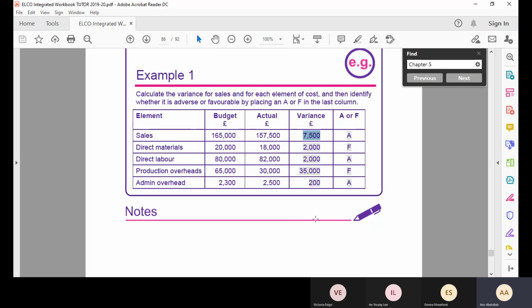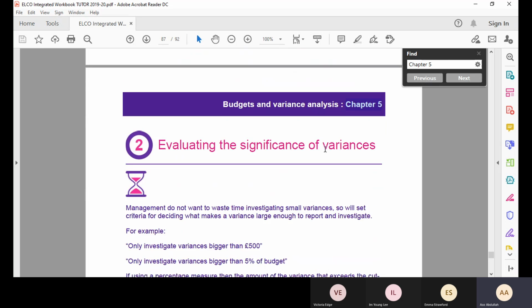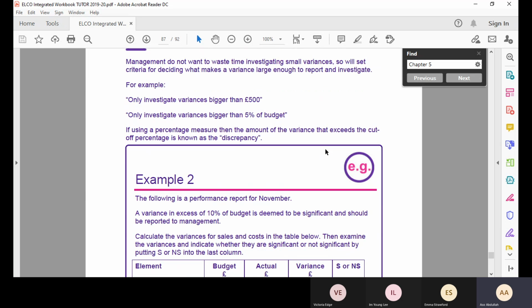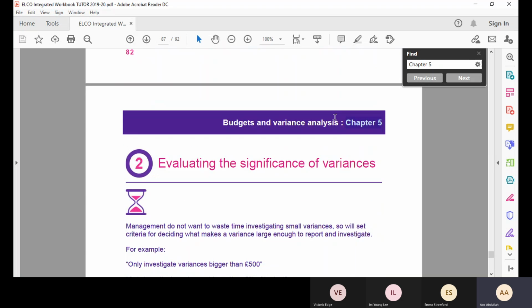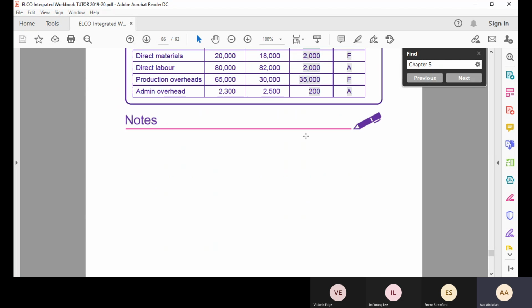You need to investigate it, especially if it relates to income. Always try to make your income favorable rather than adverse, because it is income. So it says management do not want to waste time investigating small variances such as admin, which is only £200.